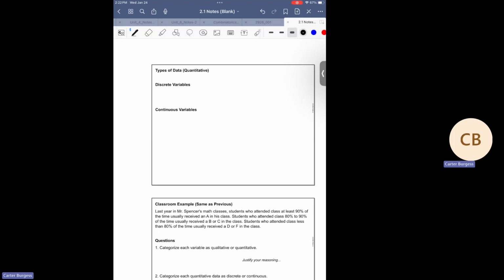So as far as our definition goes, we could think of it as kind of like counting. I prefer to think of these as the values that our variable can take have well-defined spacing between them.